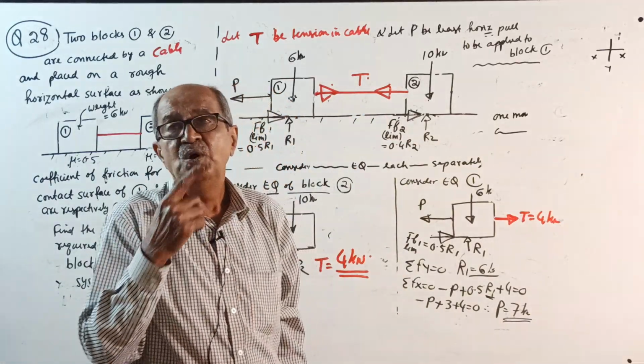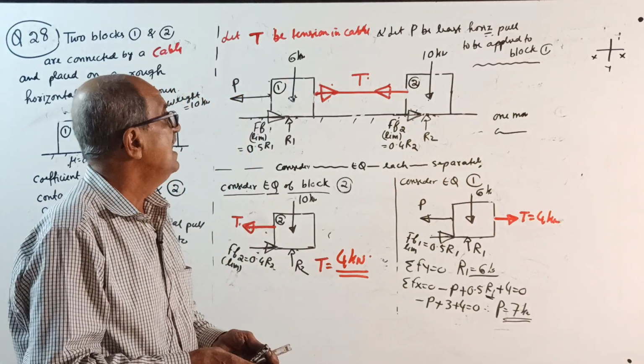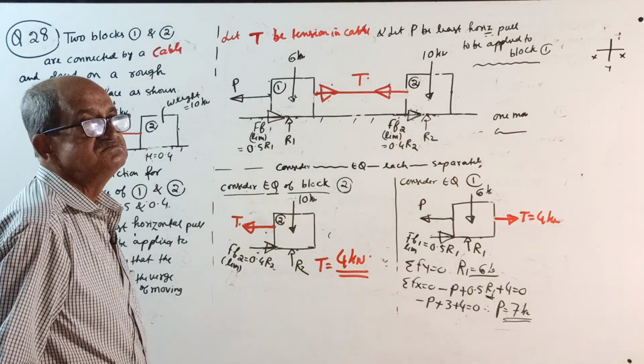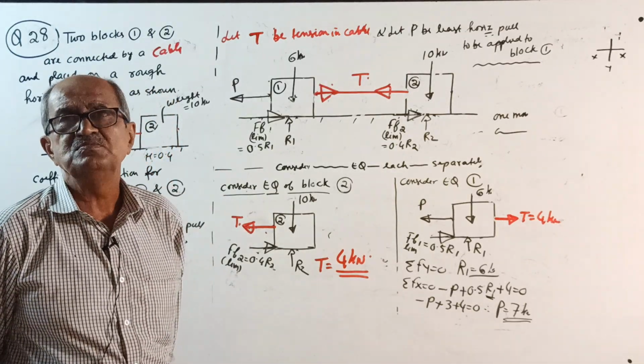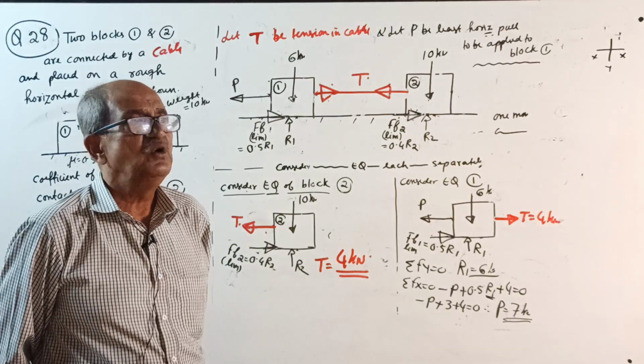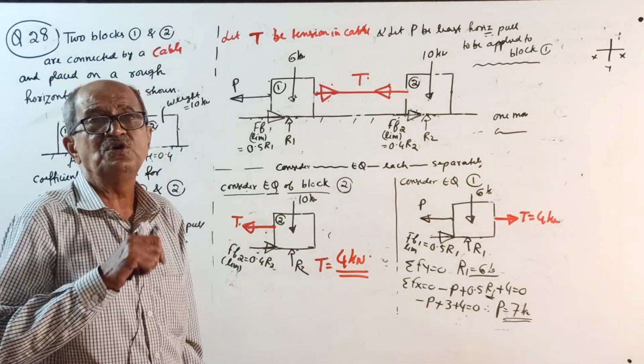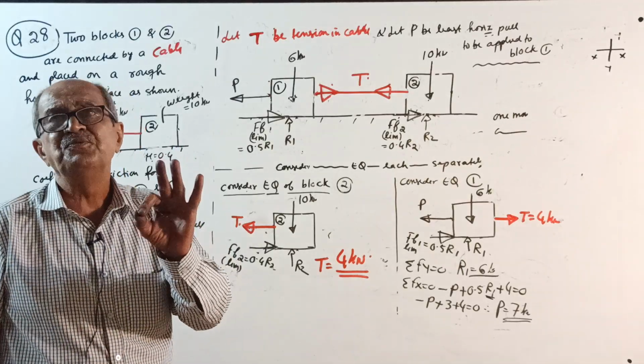Remember there, if one question I ask you to find mu here and find mu here, it cannot be solved. Unknowns are more. So I will not give mu for any contact surface, but I will tell in the question mu is same for both.